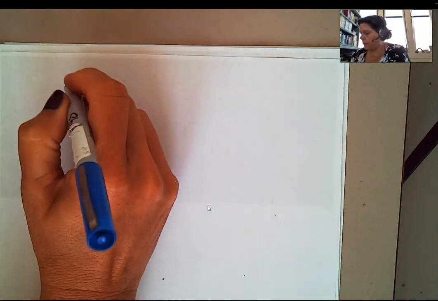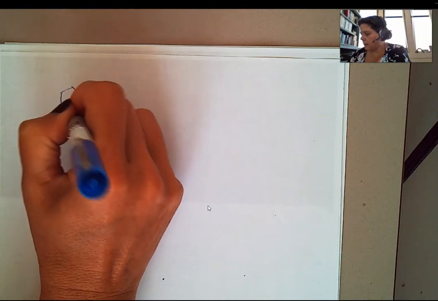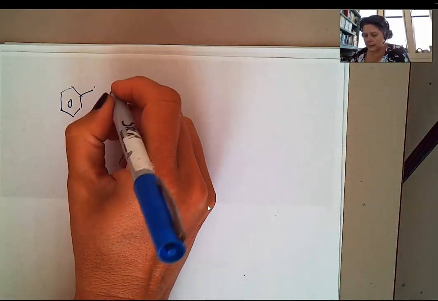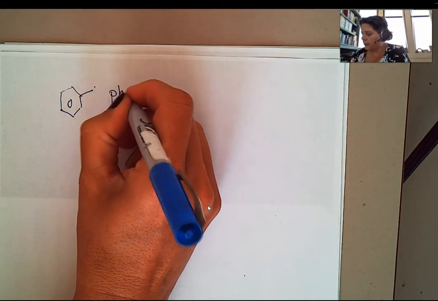Just to give you guys something else to think about, if you have this as a functional group, like say this is stuck onto whatever organic molecule it is, this is a phenyl group.